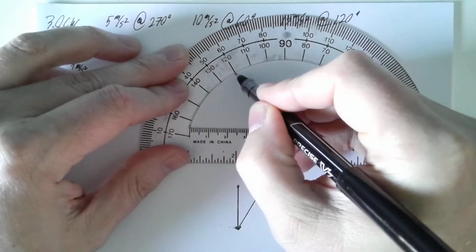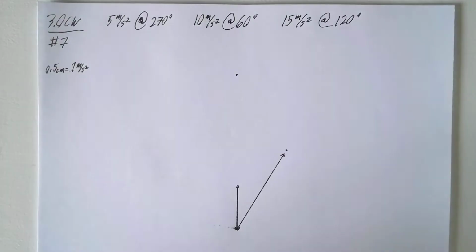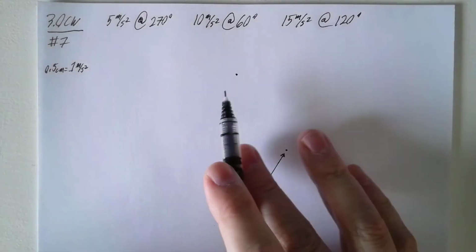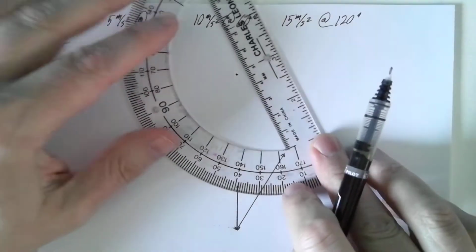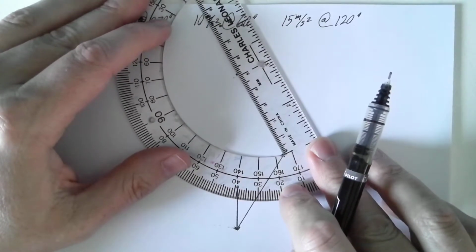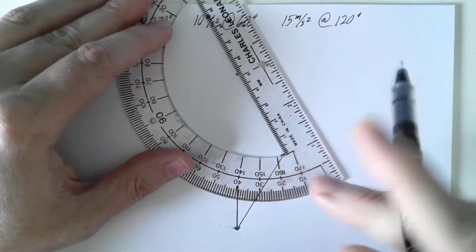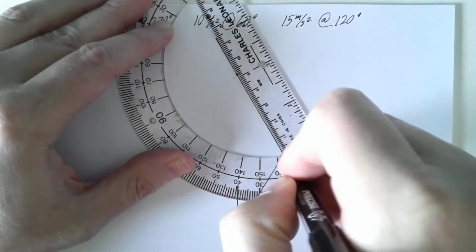So it will be up in this direction here. From the tip that way, at our scale would be 7.5. So we're going to draw the magnitude in. Tip 7.5, be right there.